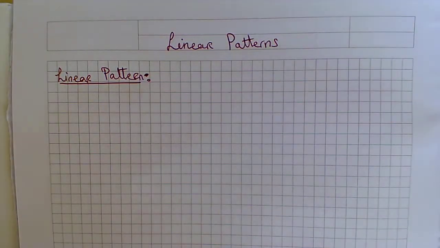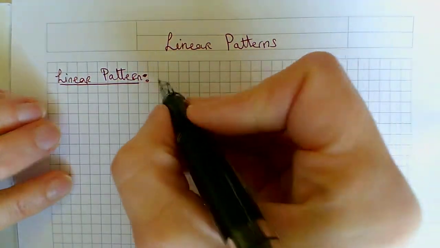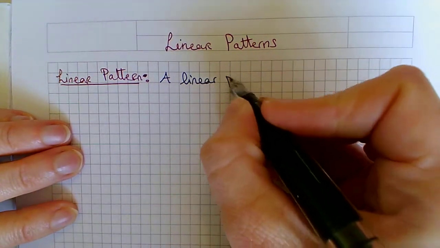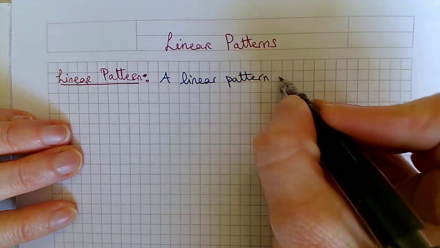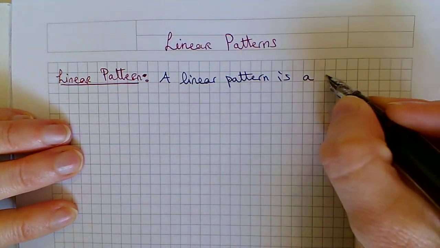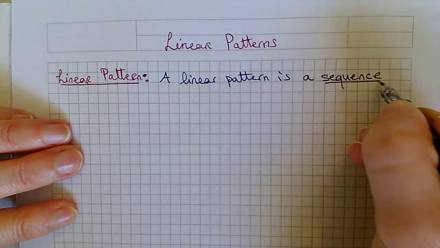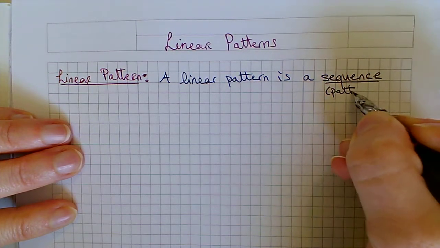So a linear pattern must be a list of numbers. So a linear pattern is a sequence. So here's another word. Sequence and pattern mean the same thing.